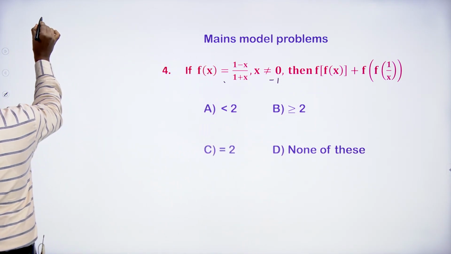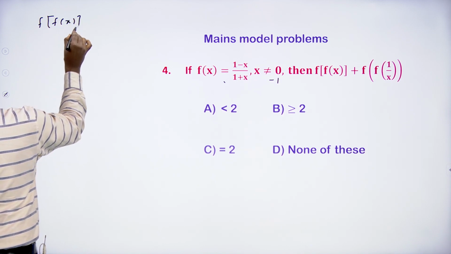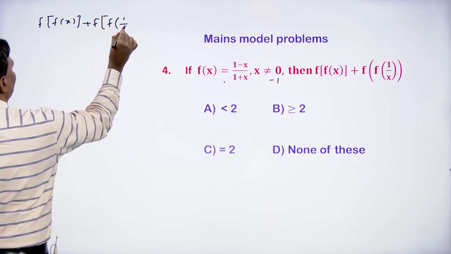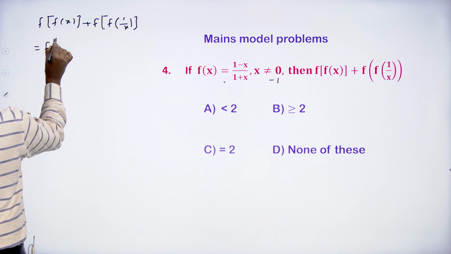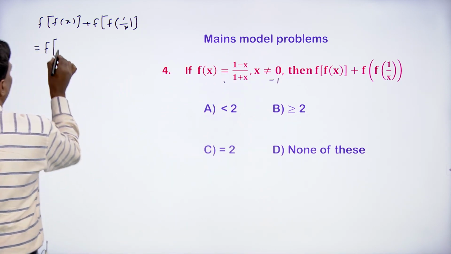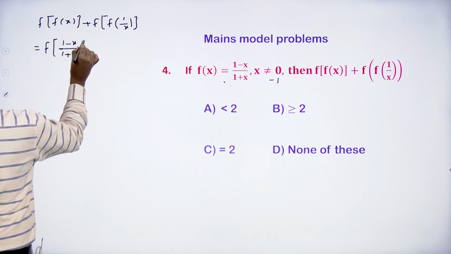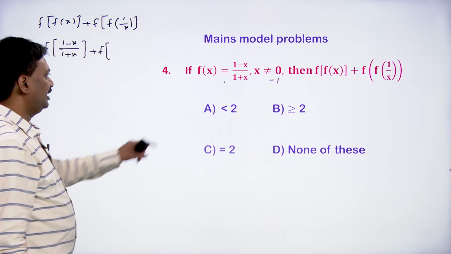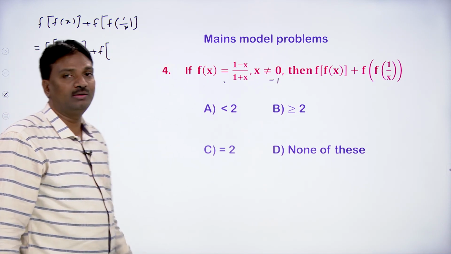So by considering the given f of x plus f of 1 by x, now by using the given function, in place of f of x we can write 1 minus x by 1 plus x, plus f of 1 by x.